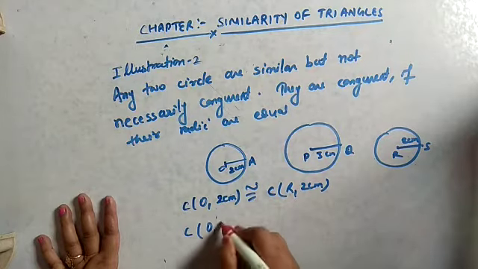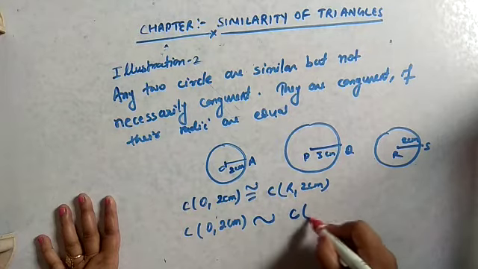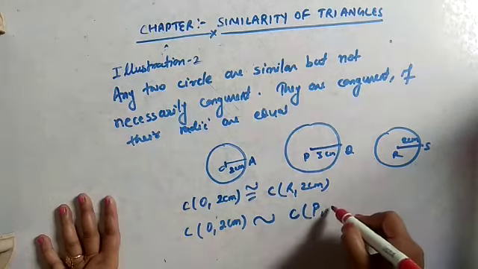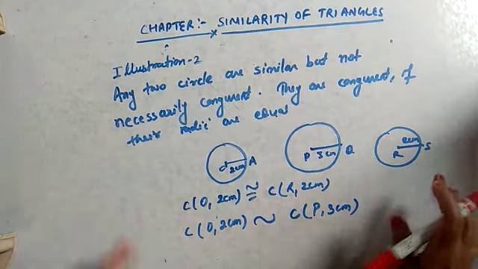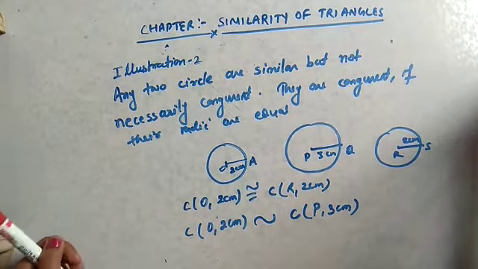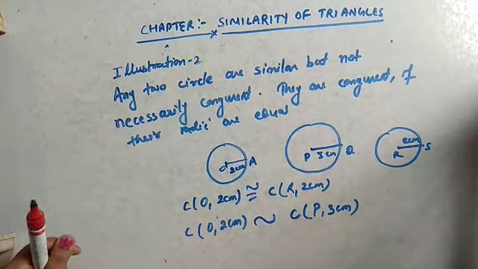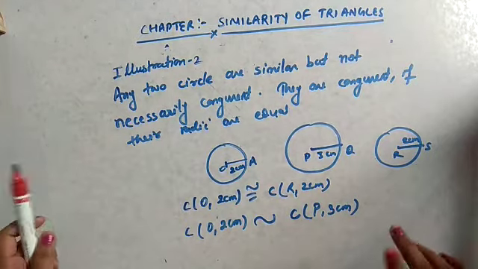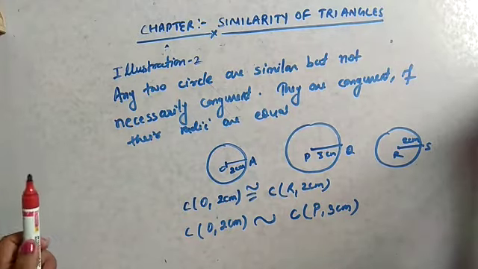But circle with center O and radius 2 centimeter is only similar to circle with center P and radius 3 centimeter. Okay, then it means we can say that all the circles are always similar, but they are not always congruent. If their radii are given equal, then only they are congruent to each other.